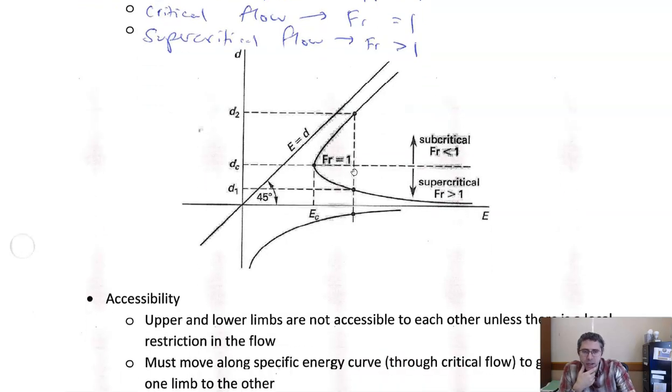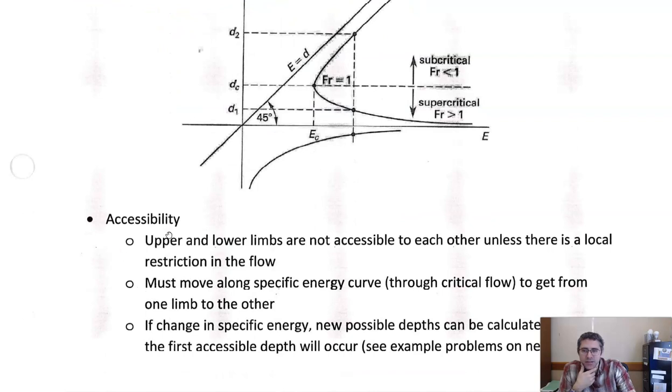All right? And this term accessibility says that the upper limb, the subcritical flow limb and the supercritical flow limb, they're not accessible to each other unless there's a local restriction in the flow. I have to move along the specific energy curve to get from one limb to the other.